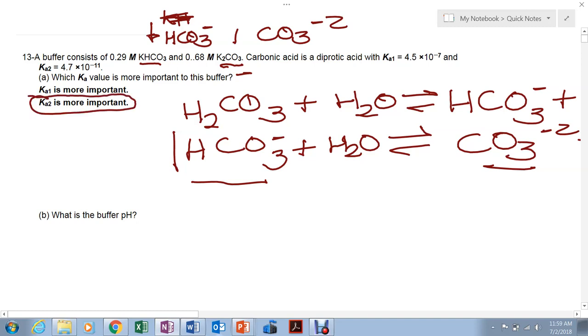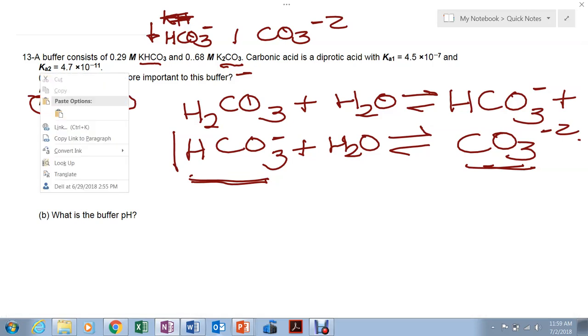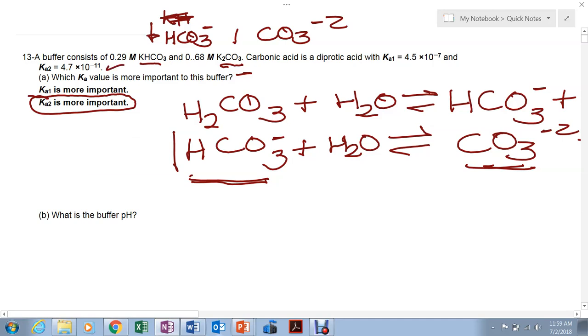To find the buffer, we got a weak acid plus its conjugate base. So the value we want to calculate the pH is the pKa2, of this one. So the first thing here is finding the pKa2. I don't know if you understood, but they're giving me this one and this one. So that's the most important one, so you choose this one here.